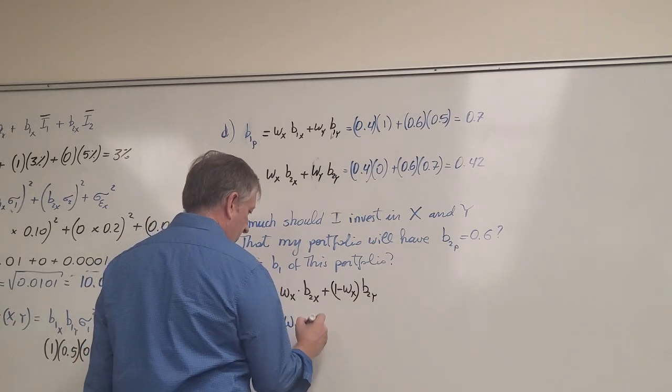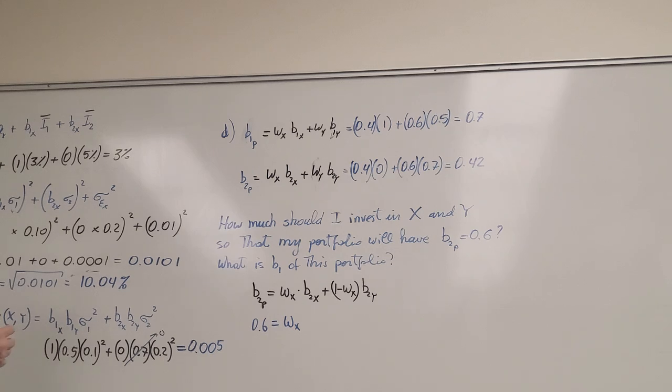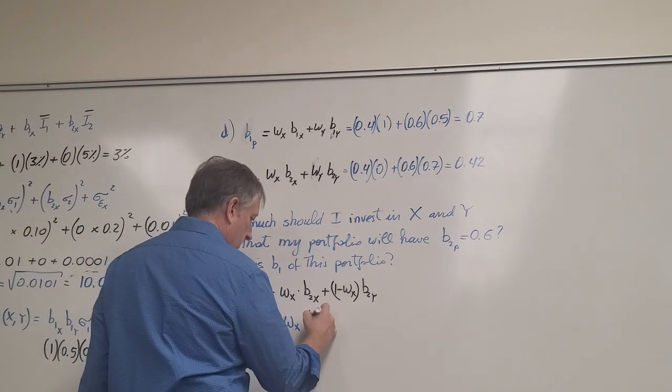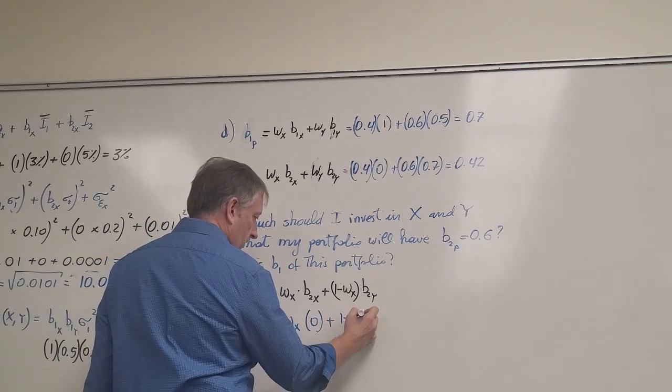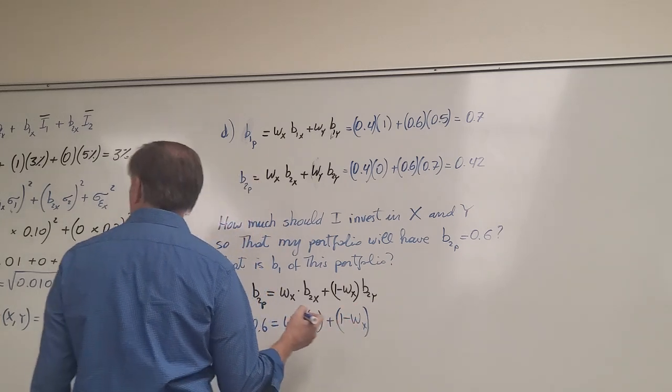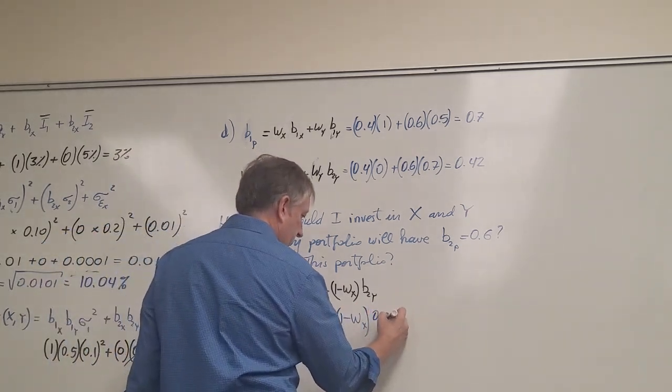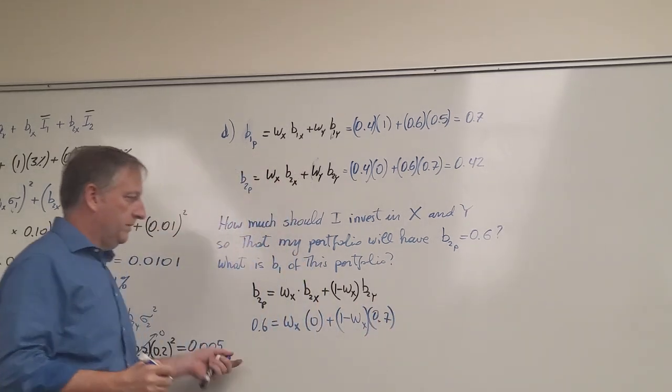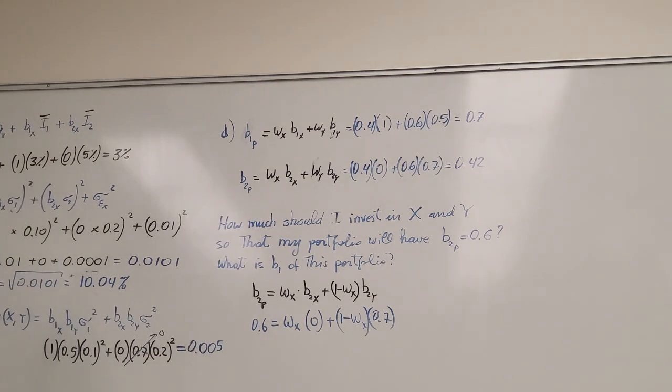Weight of X. What is the beta 2 of X? Beta 2 of X is 0. Plus 1 minus the weight of X. Beta 2 of Y is 0.7. So now it's just a matter of doing a bit of algebra and we should be able to figure out what the answer is.